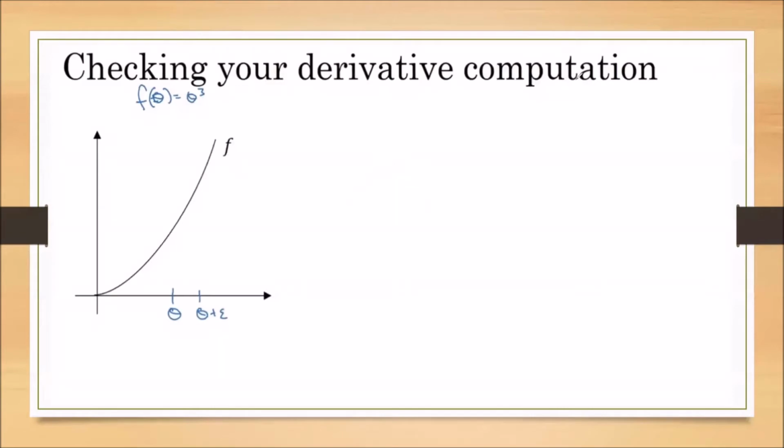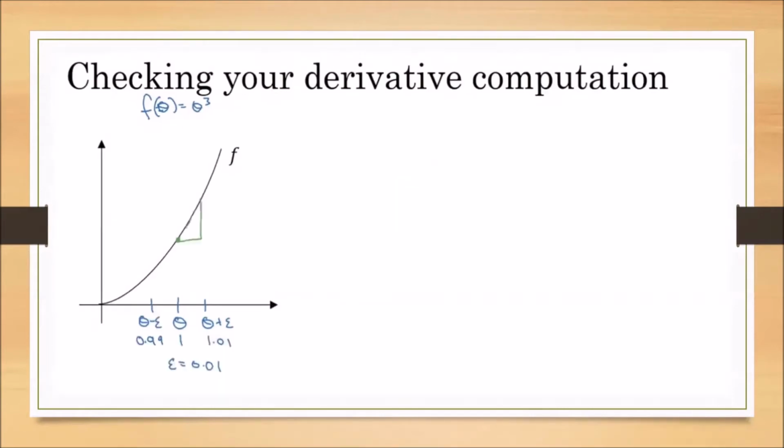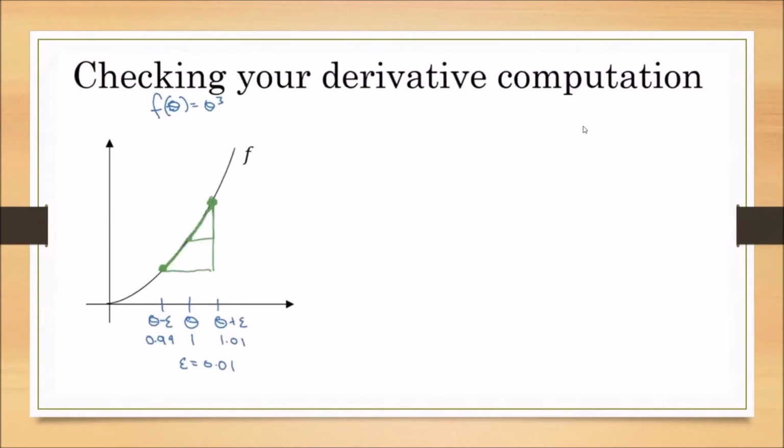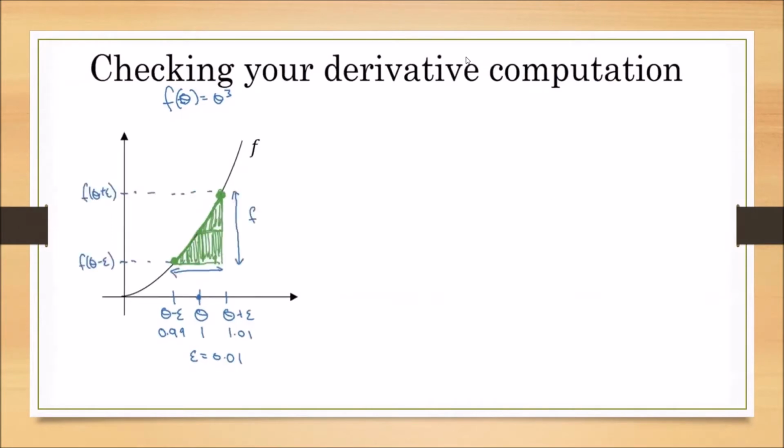Now we have taken 2 nearby points, one is theta plus epsilon and the second one is theta minus epsilon. When we join these 2 points, it forms a straight line. We want to find out the slope of this straight line. How to find the slope? By taking y2 minus y1 over x2 minus x1. Here I am taking theta plus epsilon as x2 and theta minus epsilon as x1.